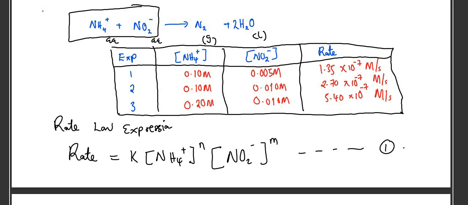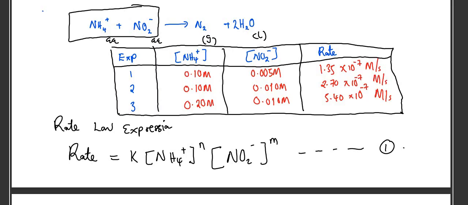And you'll be given trials or experiments. So they are saying, in the first experiment, when the concentration of ammonia ion was 0.1 and the concentration of nitrogen dioxide ion was 0.001 molarity, the rate was this. Then when they keep the concentration of ammonia constant and double the concentration of nitrogen dioxide, look at what happens to the rate.